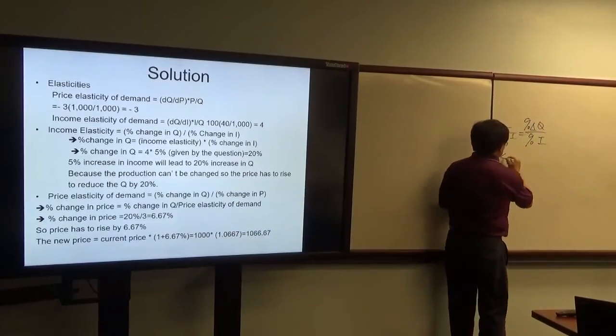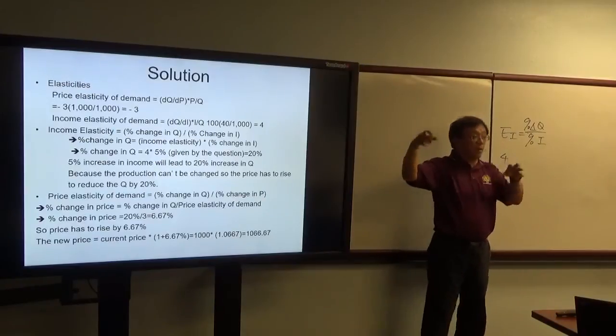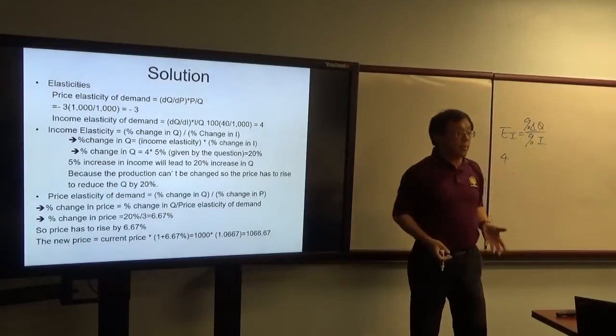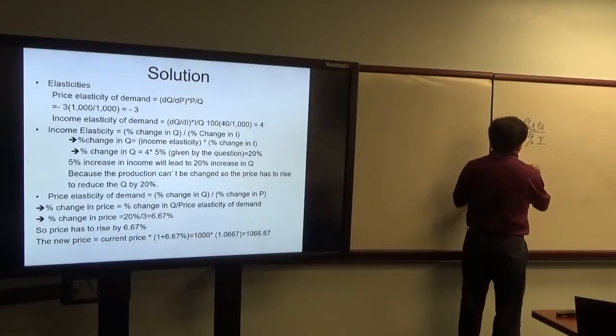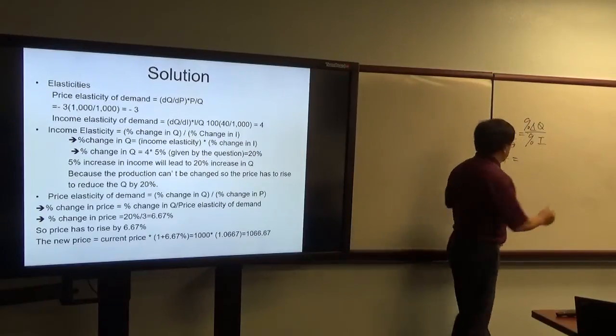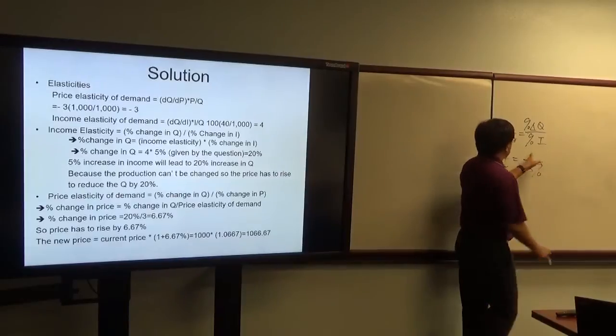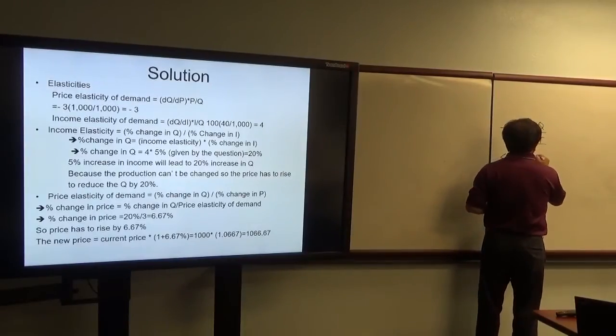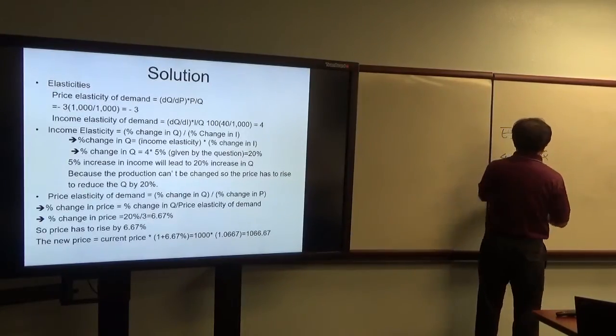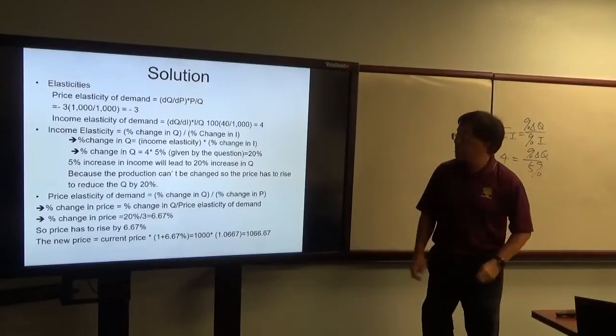Right now we know this is 4, according to our calculation. And what is the change in income level? 5%. So can we figure out the percentage change in quantity? It will be 20%. Am I right?